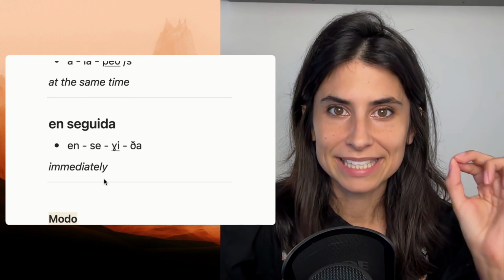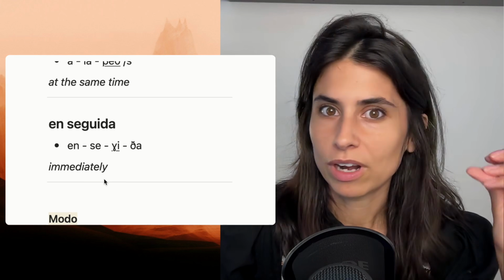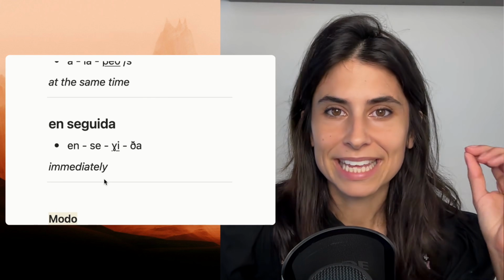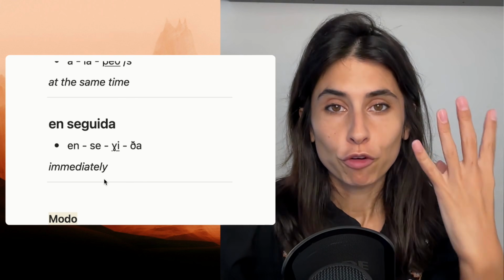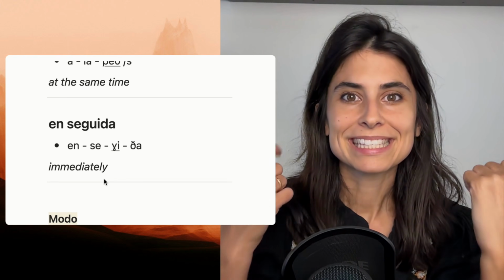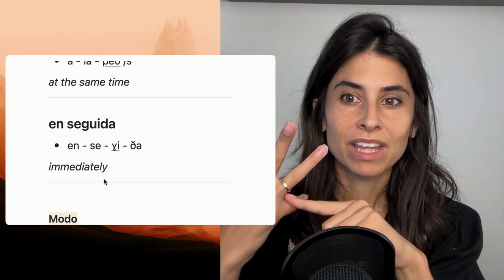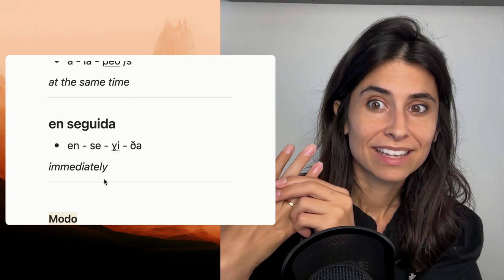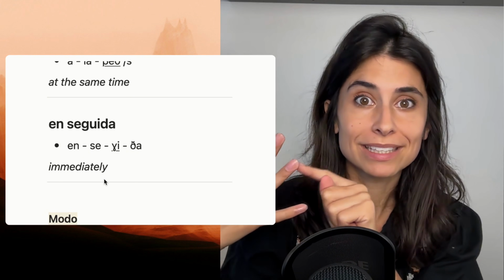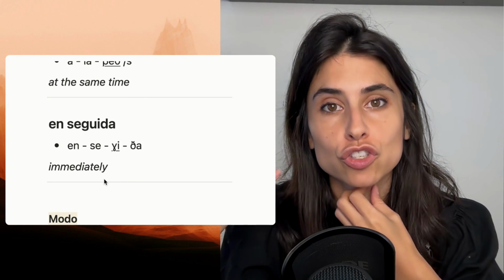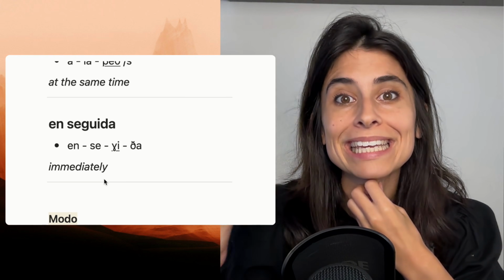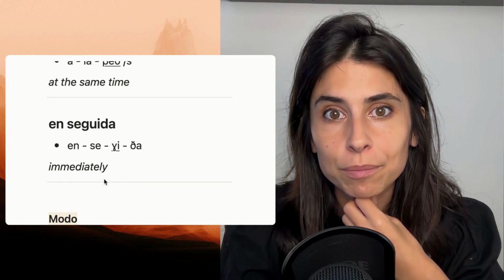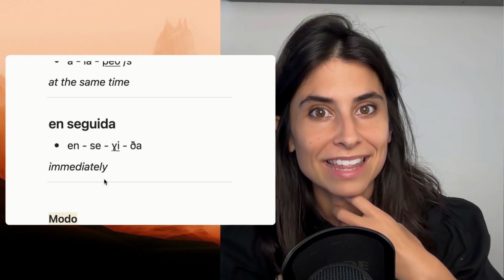Next one, enseguida, immediately, or like right away, enseguida. 4 syllables here, en-se-gui-da. Important thing here is that the last two, guida, both the G and the D are continuous, are soft. So don't go with a hard G and D, but enseguida.